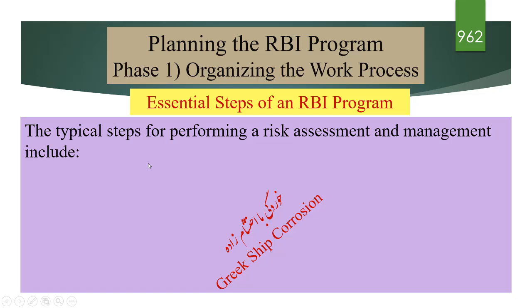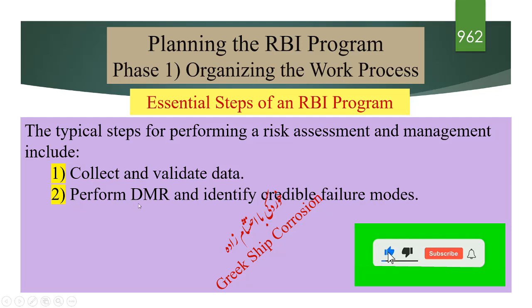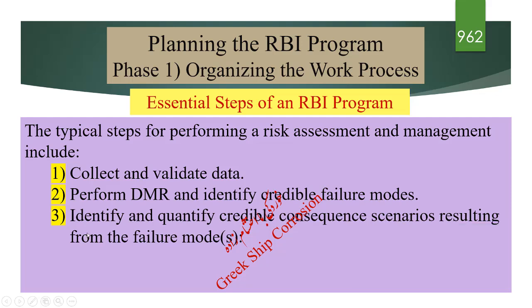The typical steps for performing a risk assessment and management include: 1. Collect and validate data. 2. Perform damage mechanism review and identify credible failure modes. 3. Identify and quantify credible consequence scenarios resulting from the failure modes. A. Initiating event.